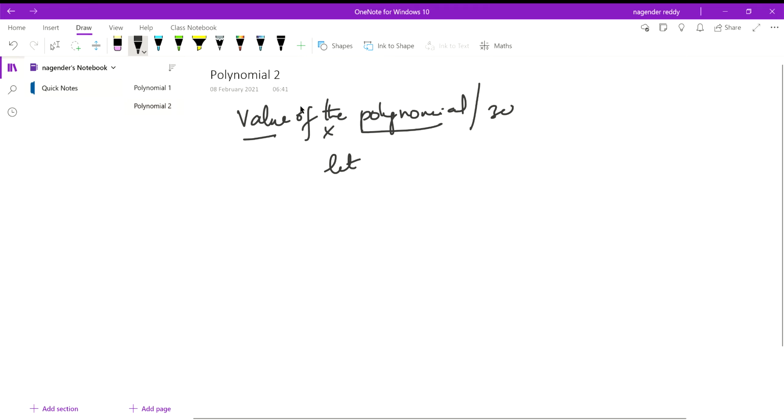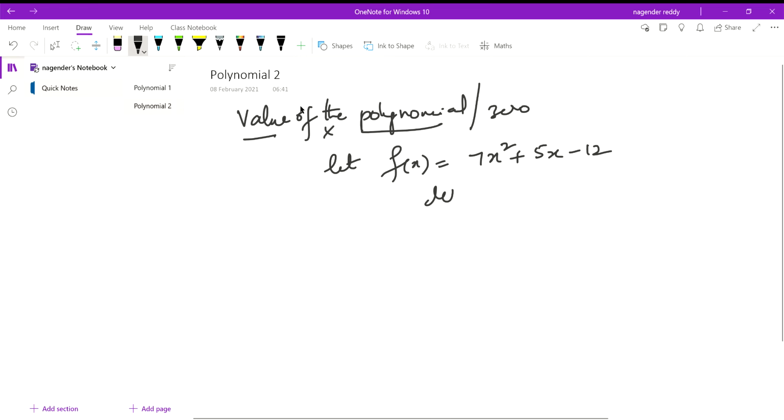Let f of x is equal to 7x square plus 5x minus 12. I'll take different values, different polynomials.